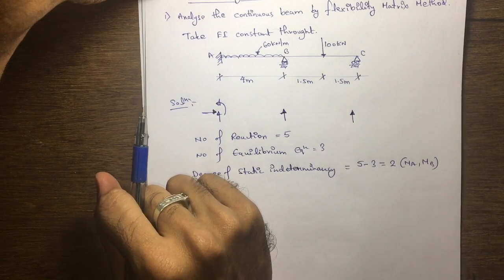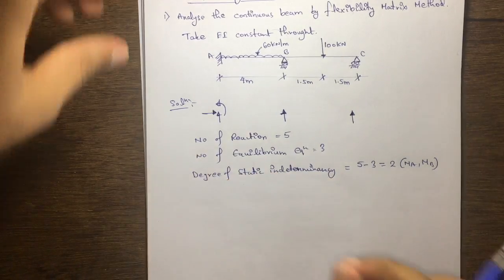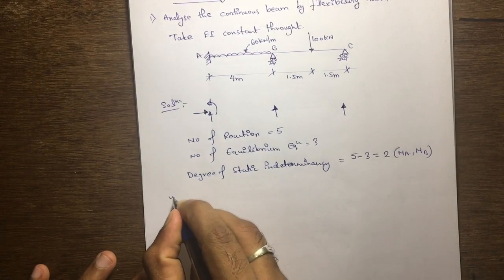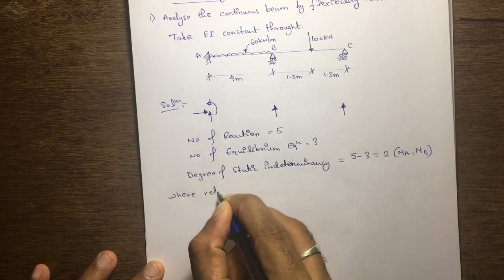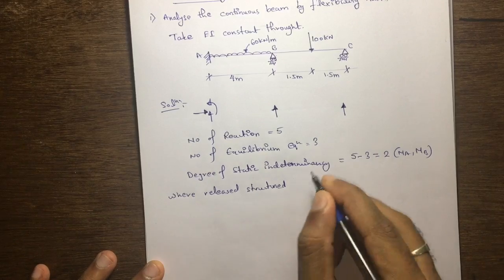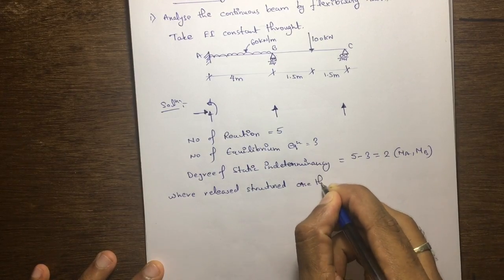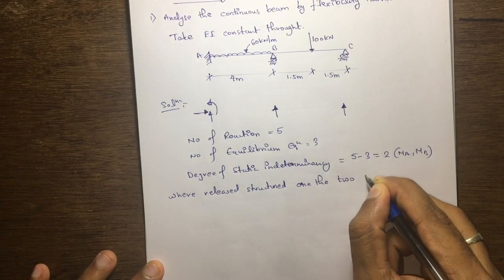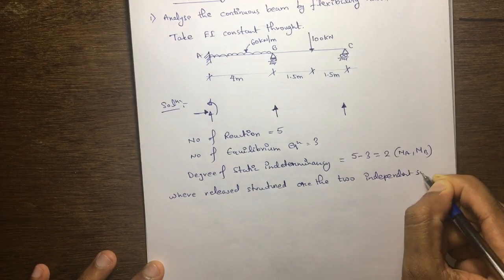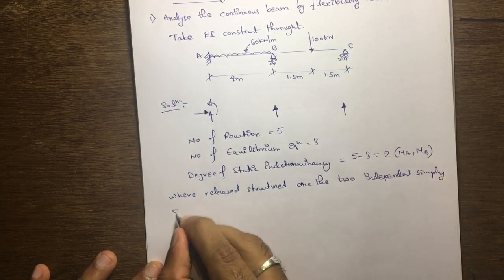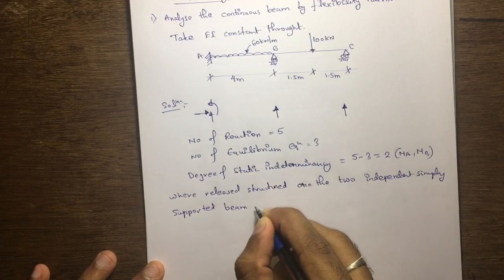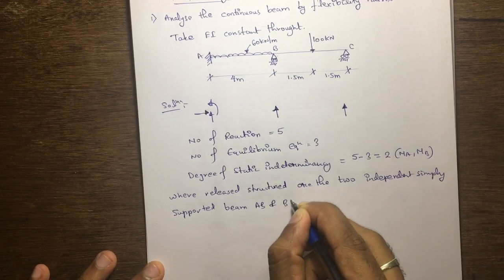Then we have to load them with fixed moments. So here we can draw the released structure, where the released structure is two independent simply supported beams, that is AB and BC.